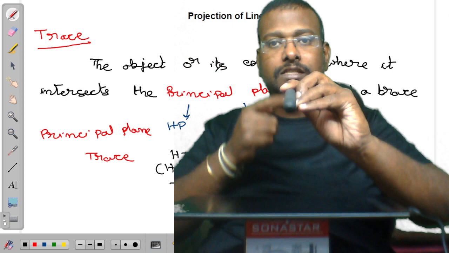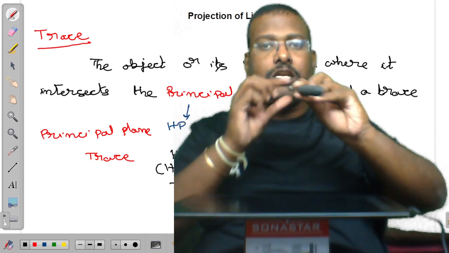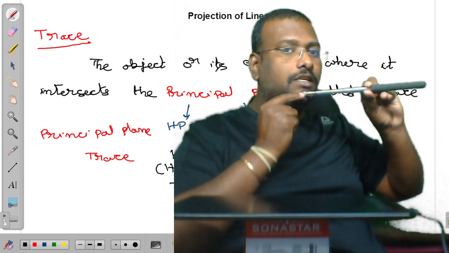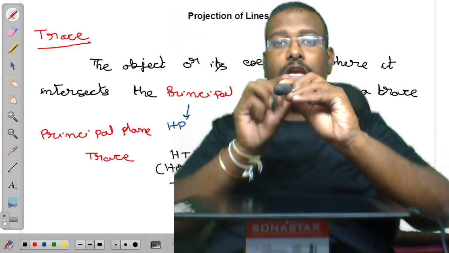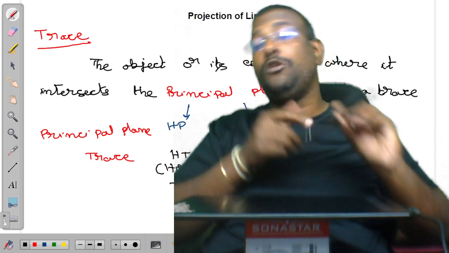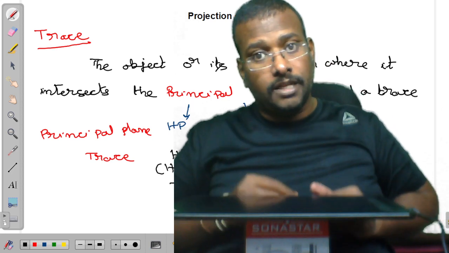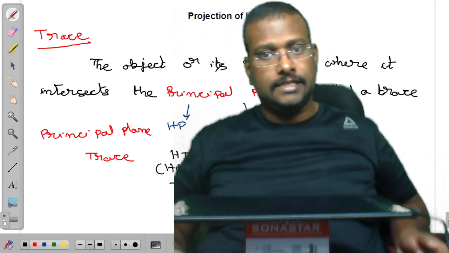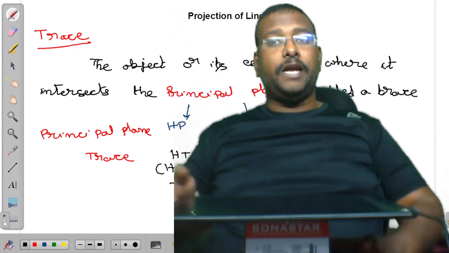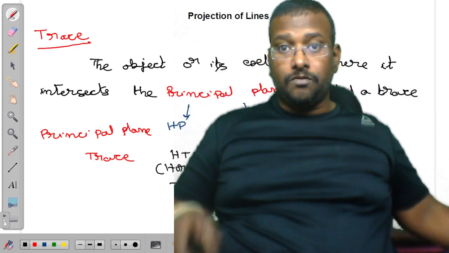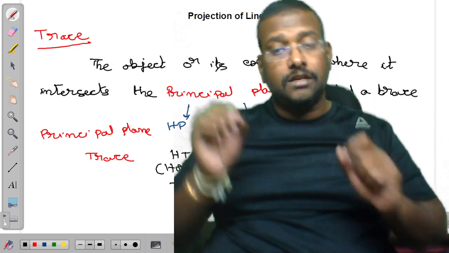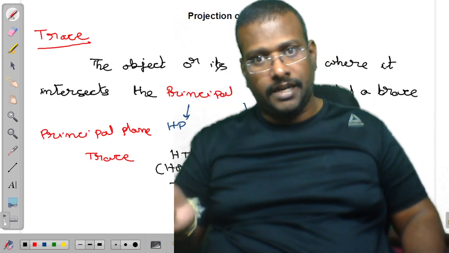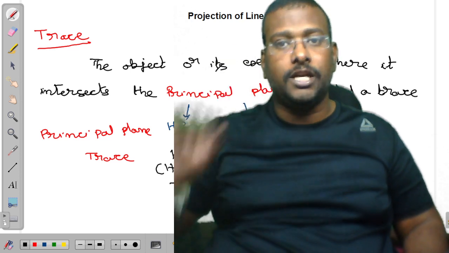Similarly, is it touching VP? No, sir. If I extend it, it touches. Therefore, once it is perpendicular to VP, the extension meets it, and that is the vertical trace. Is it clear? The view will coincide with the trace when the object is perpendicular.